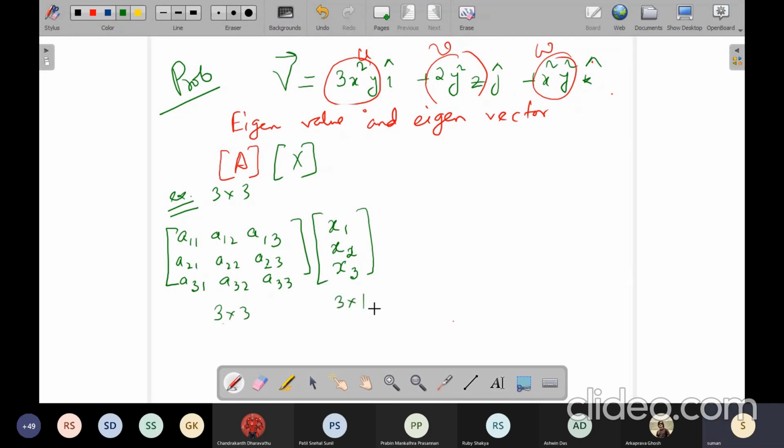So what will be the product? Product will be 3 by 1. That means 3 rows and 1 column. So something like this one.